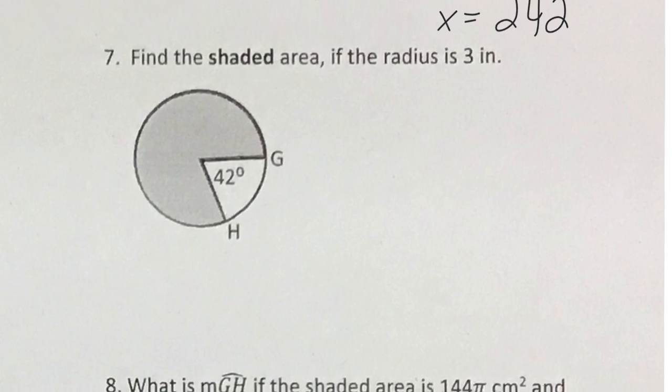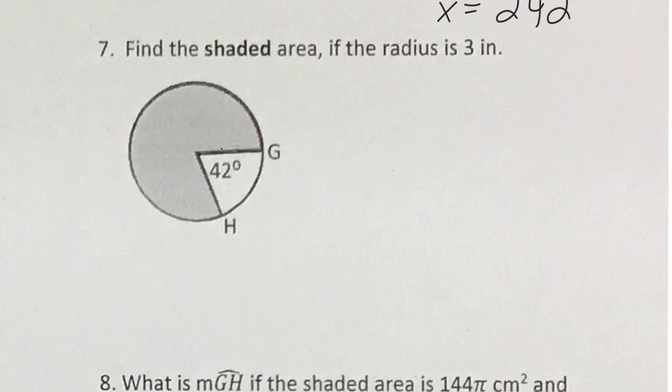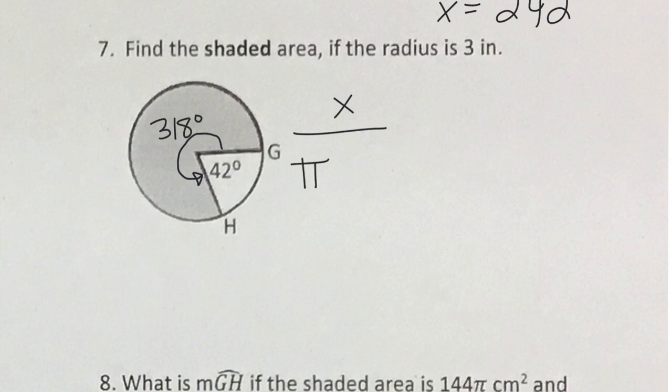Okay, number 7, find the shaded area, which means I need to use the shaded area's arc. And since it all adds up to 360, my shaded area has an arc of 360. So sector area over pi r squared equals central angle over 360.